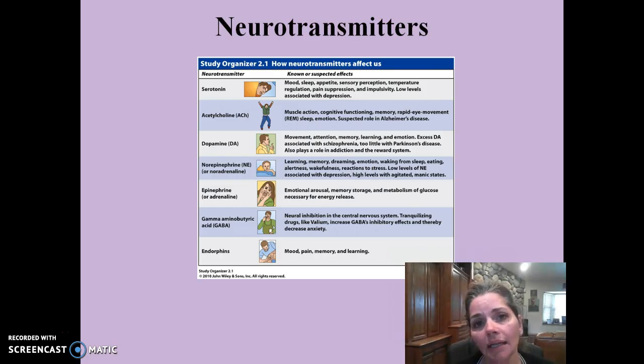Epinephrine is related to that energy, that fuel. I like to think of it as our body's natural rocket fuel. It gives you that energy burst in the fight or flight and stress response. GABA is one of the few inhibitory neurotransmitters that slow us down and settle our neurons down.